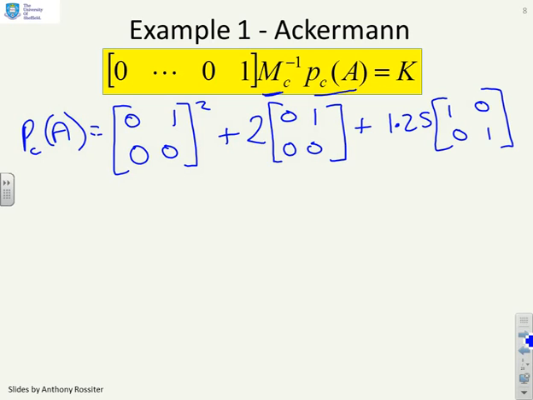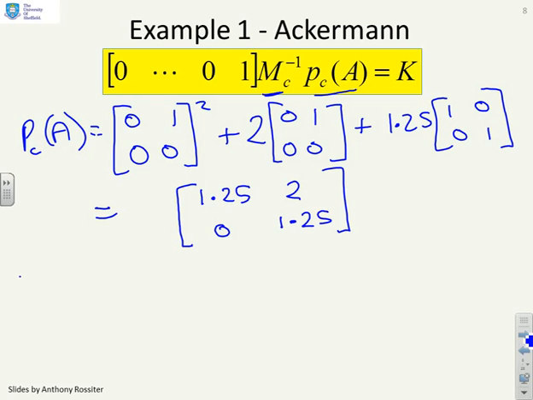And you'll recognise here the coefficients 2 and 1.25 are what we said for our desired closed loop pole polynomial. Now if I work this out, you'll find what I'm going to get is [1.25, 2; 0, 1.25]. So that's my PC of A.